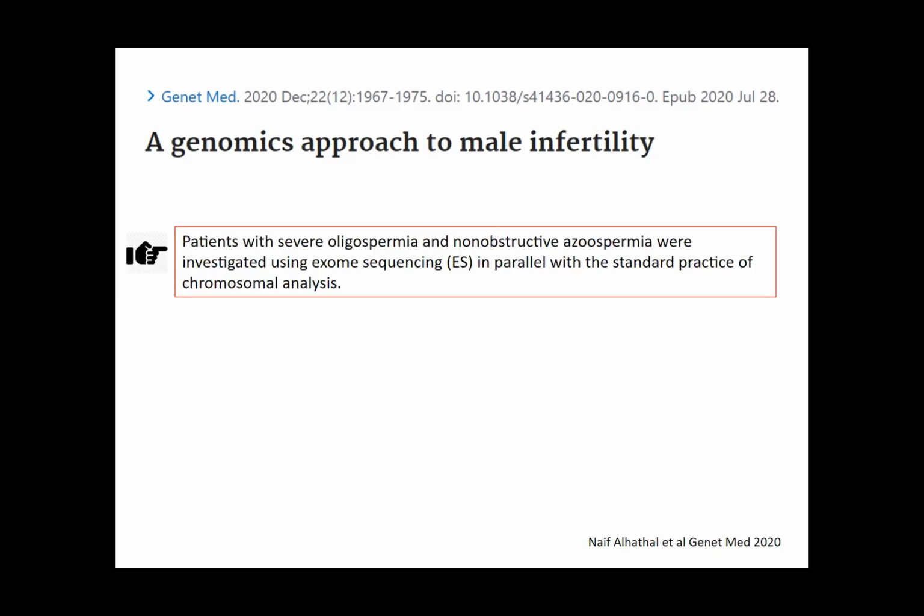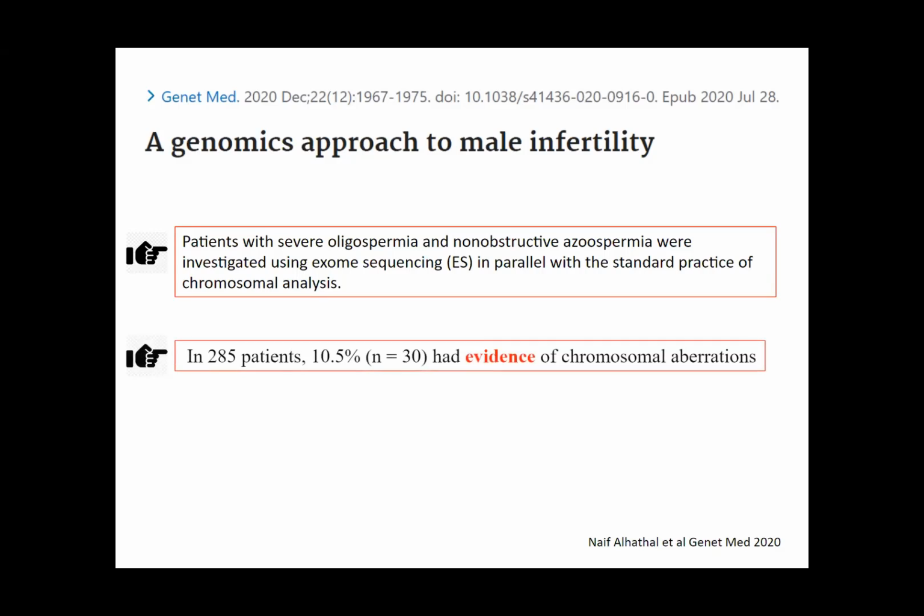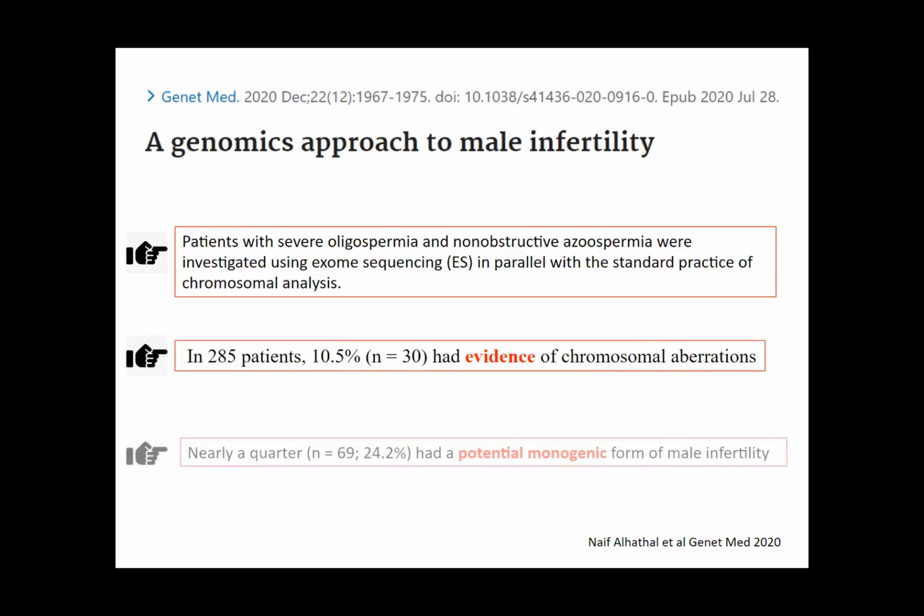They investigated a group of patients with male infertility using exome sequencing in parallel with the standard practice of chromosome analysis, and they found that in 285 patients, 10% had evidence of chromosome aberration, while nearly a quarter had a potential monogenic form of male infertility.